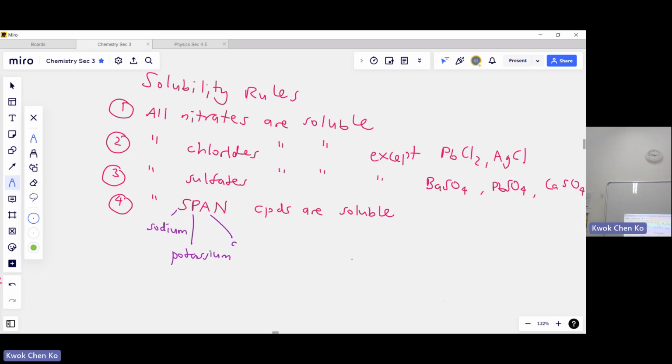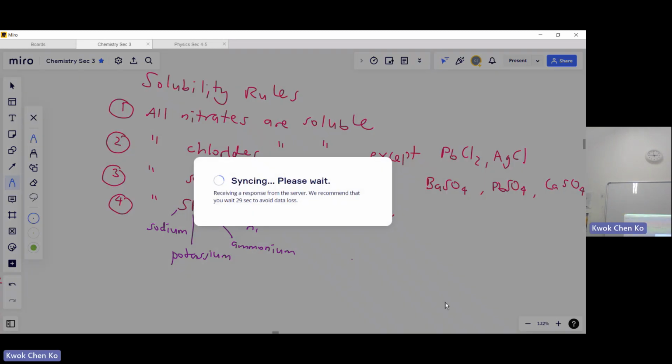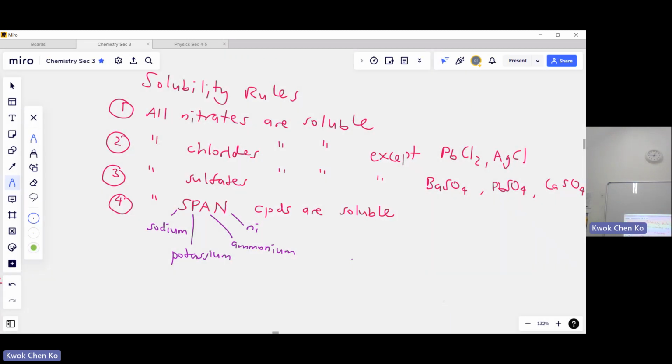N stands for nitrate. So if you can remember this, even though it overlaps with some of the earlier points. Okay, no exception. All SPAN compounds are soluble.